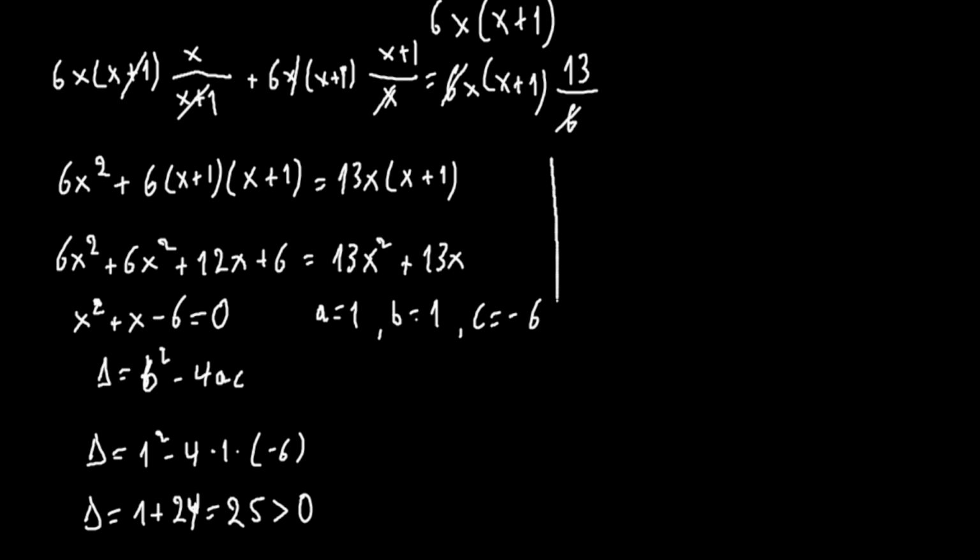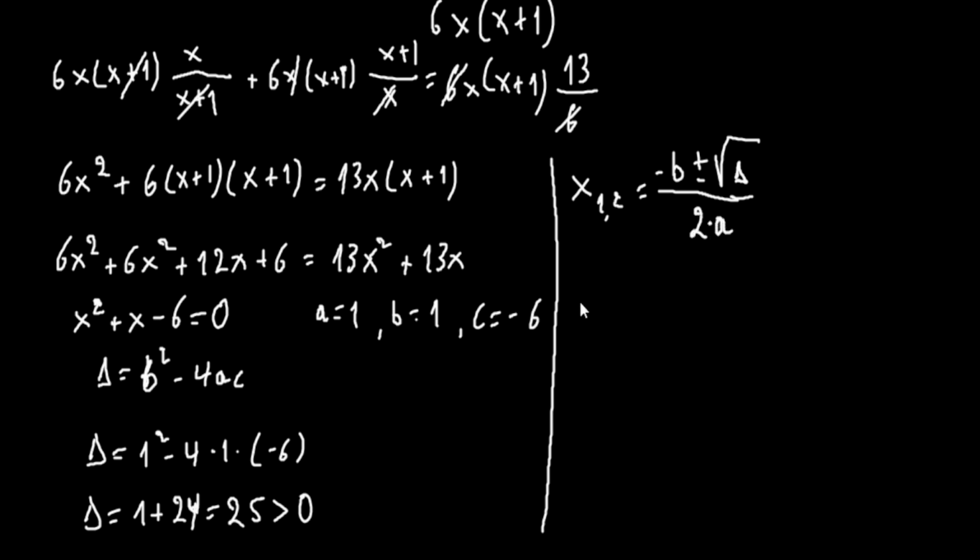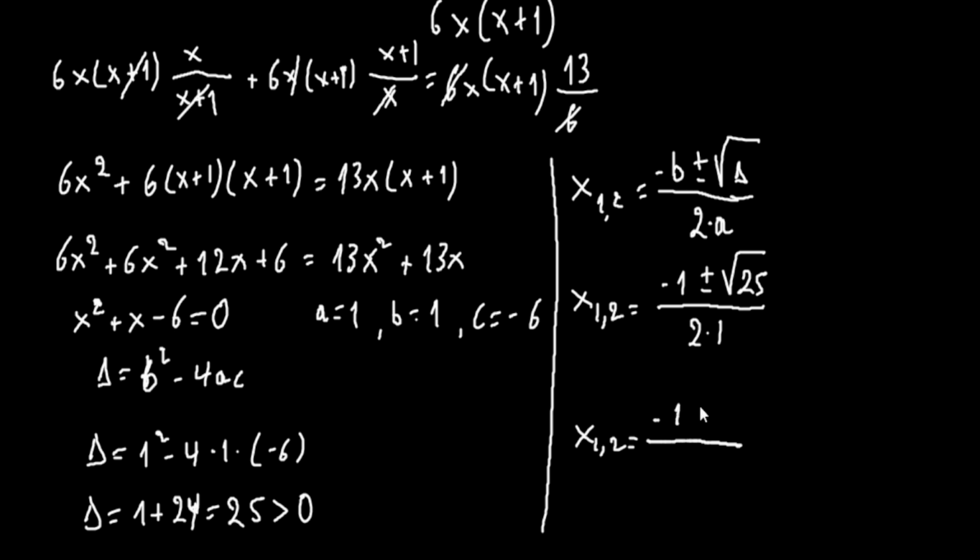So here we find the solutions from the formula. So x1, 2 solutions are minus b plus minus square root of the discriminant over 2a. If we substitute, we have x1, 2 is minus 1 plus minus square root of 25 over 2 times 1, or x1, 2 is minus 1 plus minus 5 over 2.